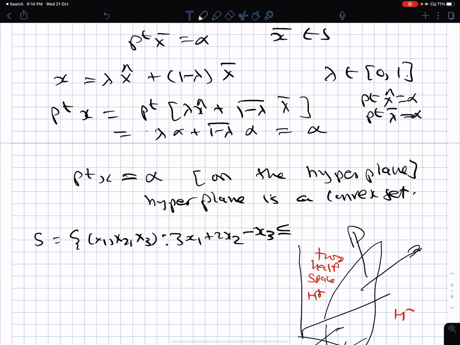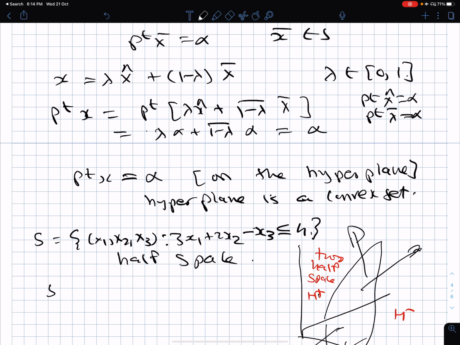This is actually called a half space. Okay, this is actually called a half space.